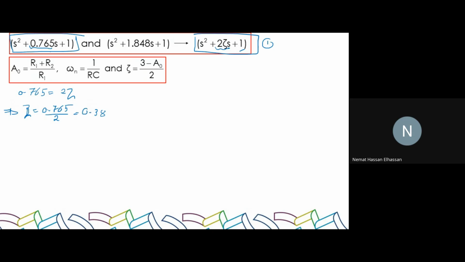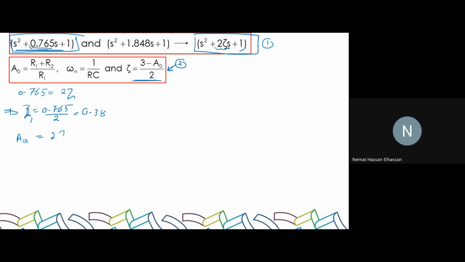Now let us implement this zeta value here. I know zeta. Can I find the value of A using equation 2? Sure, right? Because if you know zeta, the only unknown remainder is A. So in this case, A0, let's call it A01, and let's call this zeta 1 because we're treating the first stage.